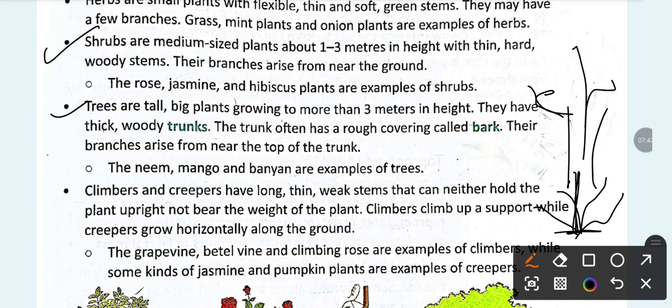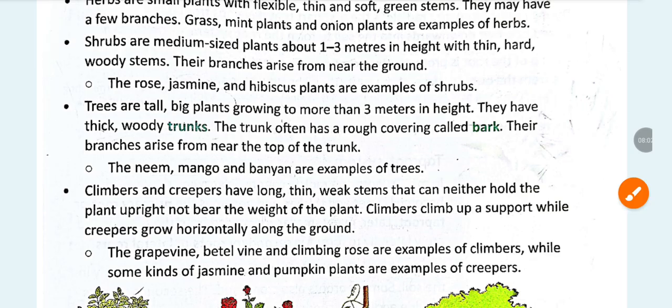Trees would be concluded as neem, mango and banyan are such examples of trees. Climbers and creepers have long, thin, weak stems that can neither hold the plant upright nor bear the weight of the plant.